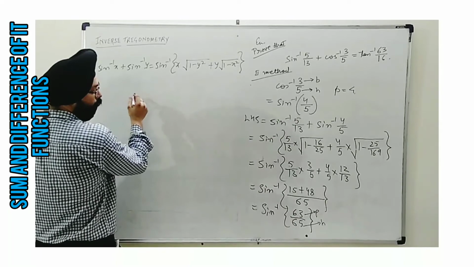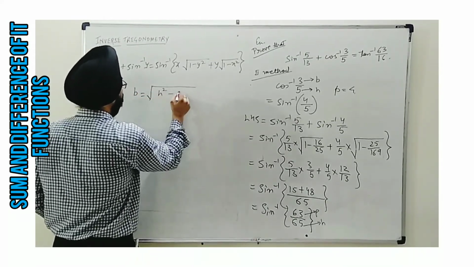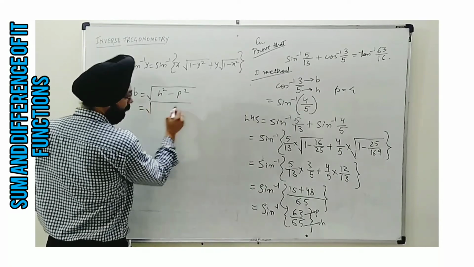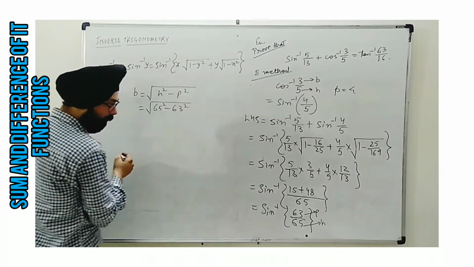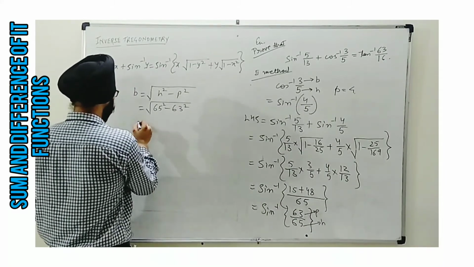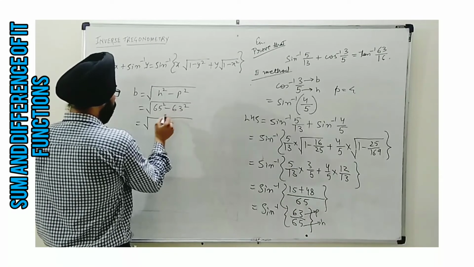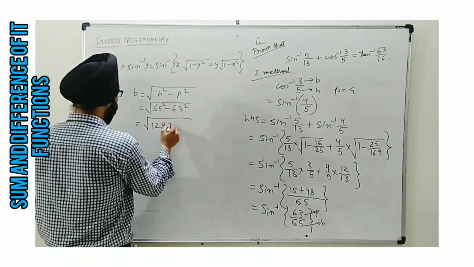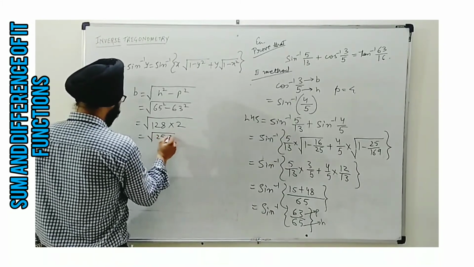So base B is equal to the square root of H square minus P square, meaning square of 65 and square of 63. This will be the square root of 256.